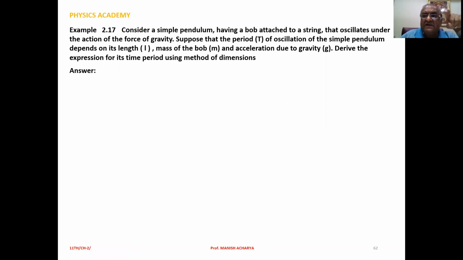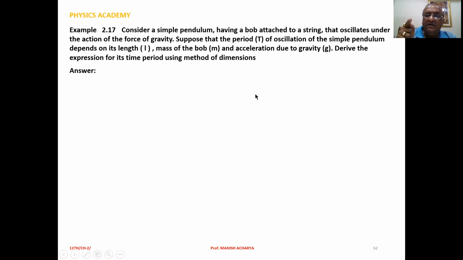the physical quantity for which you have to derive the equation will be given to you, and the physical quantities on which it depends will also be given to you. In our example, we want to derive the equation for the period capital T for the oscillations of a simple pendulum.